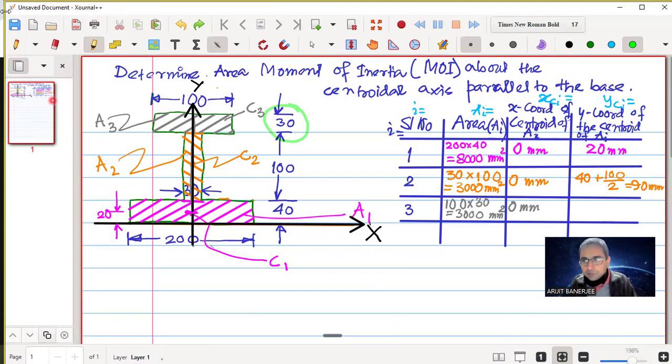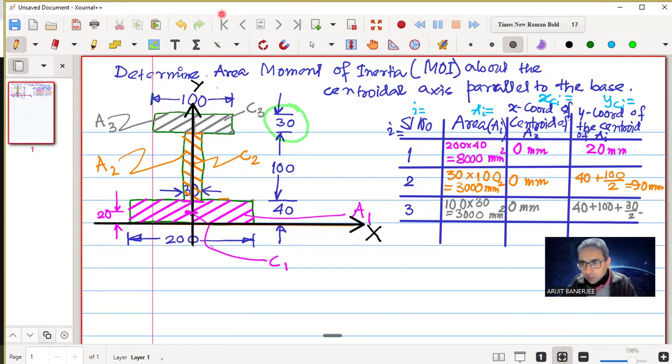So it is 40 plus 100 plus 30 divided by 2.